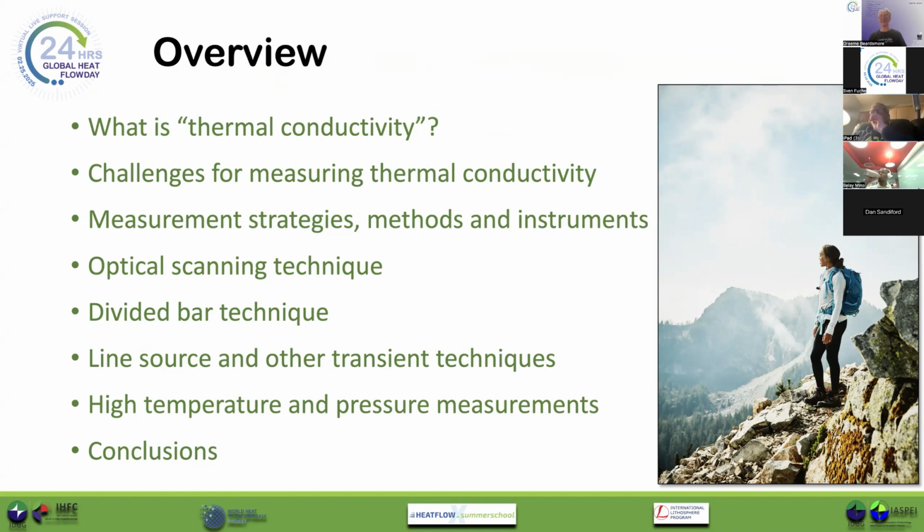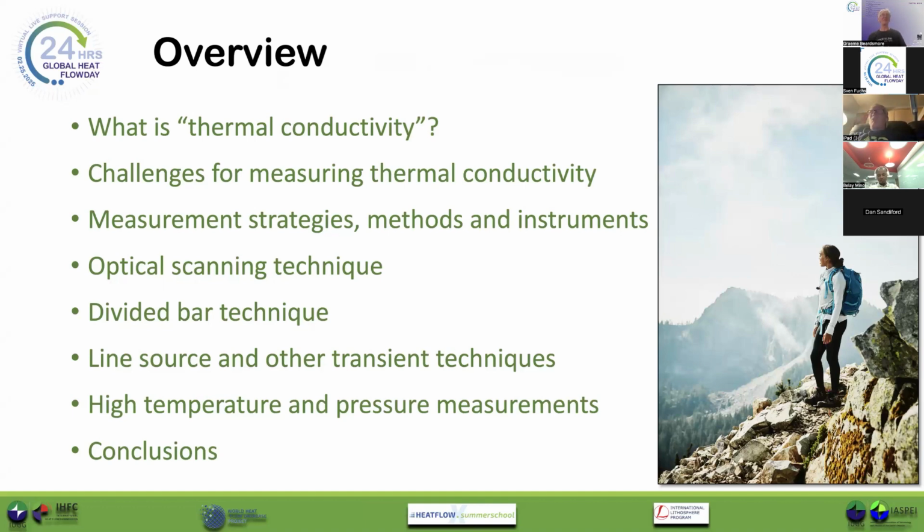Thermal conductivity is obviously critically important for many fields of endeavor, engineering and electronics and all sorts of things. But we're all earth scientists, I imagine, and we're mostly concerned about the thermal conductivity of rocks. So that's what this talk is actually about.